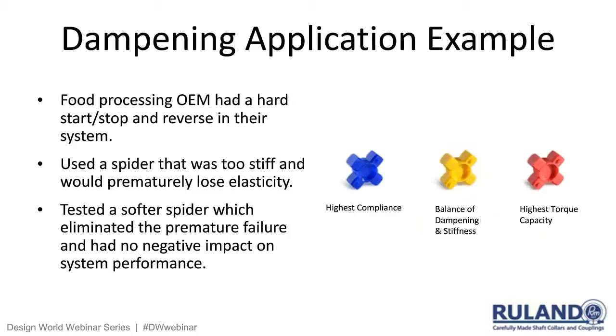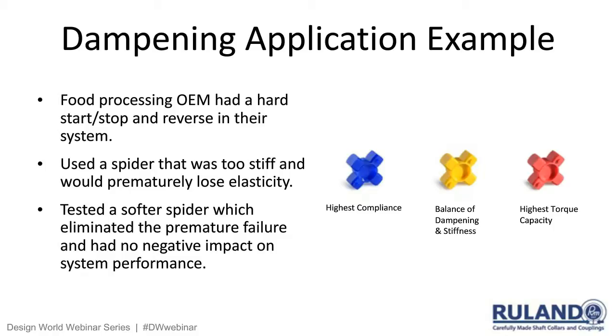And here's a dampening application example. You've got a food processing OEM who had a hard start, hard stop, aggressive move profile, and used a spider that was too stiff and would prematurely lose elasticity. They tested a softer spider, which eliminated the premature failure and had no negative impact on system performance.